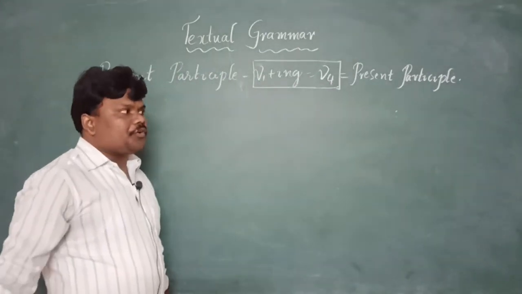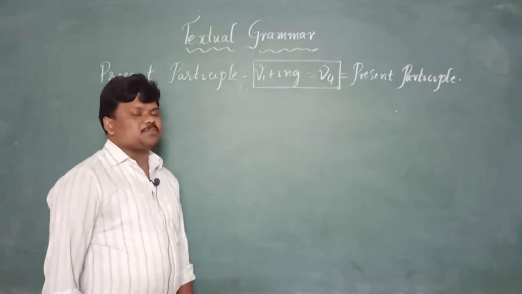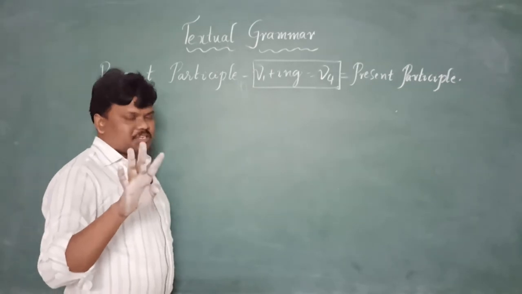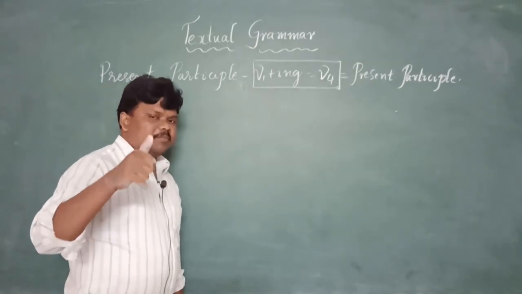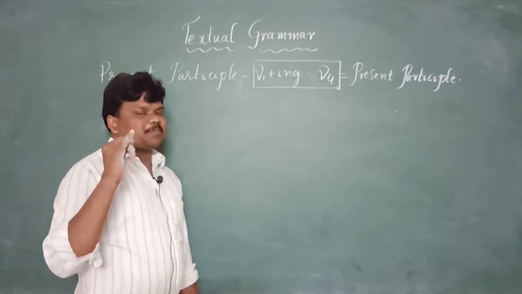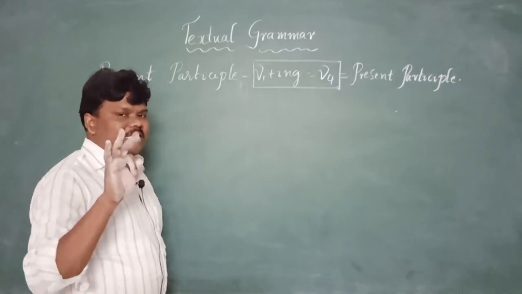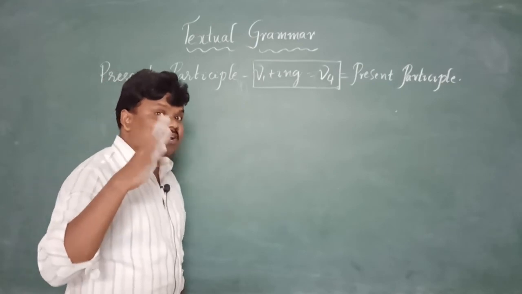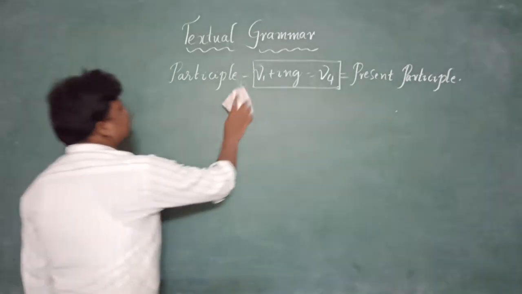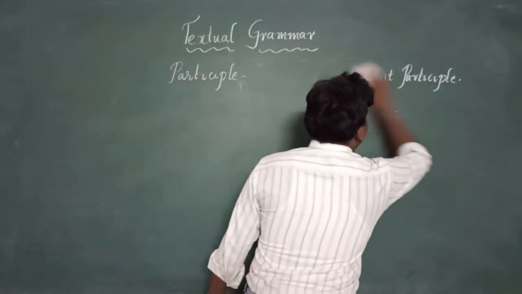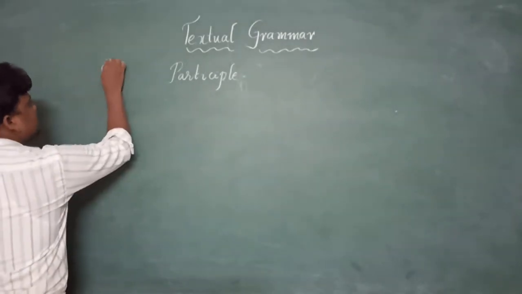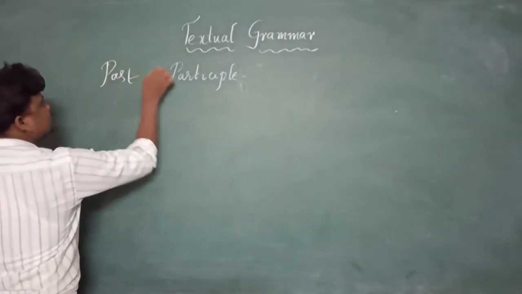There are 4 or 5 types of verbs in the English language, main verbs: V1, V2, V3, V4. V5 is also there, but we included that V5 also in V1, right? V1 is called present, V2 is called past, V3 is called past participle. What is V3? Let me write it here itself. V3 is called past participle, V3. Okay? Right. Past participle.